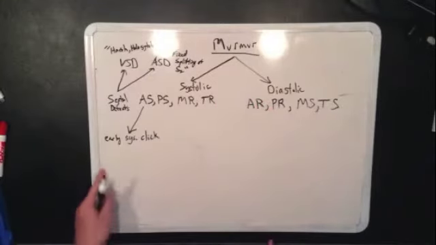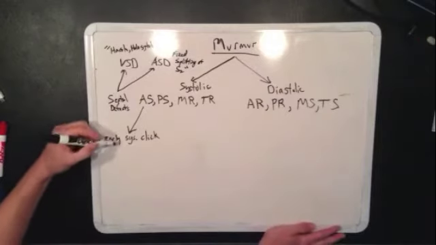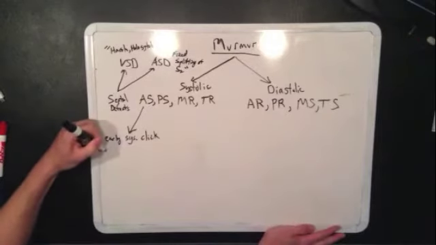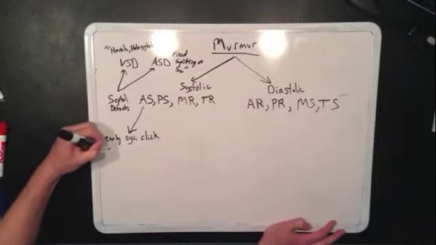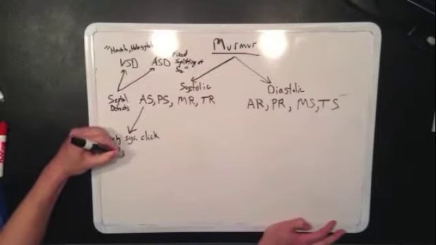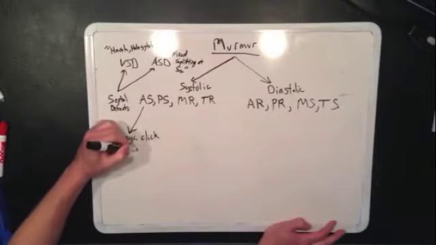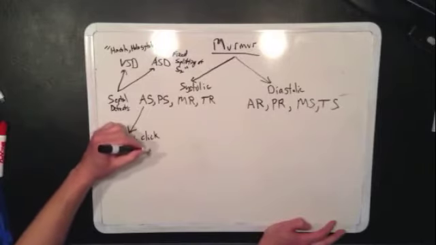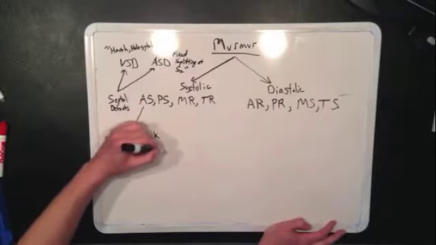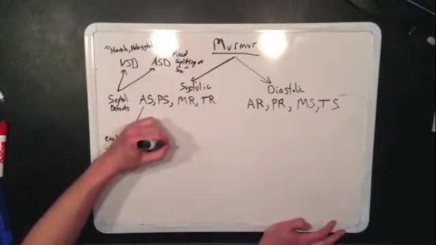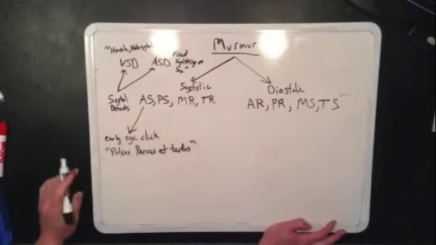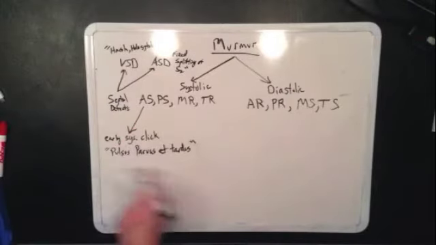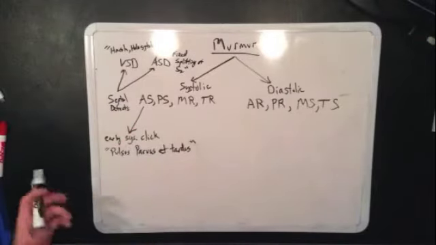Okay? Another thing you're going to get on your test is either they'll call it this, but probably not, they'll just describe it. It's called pulsus parvus et tardus. What that is, it's Latin for a weak and late pulse. So think about why that is.